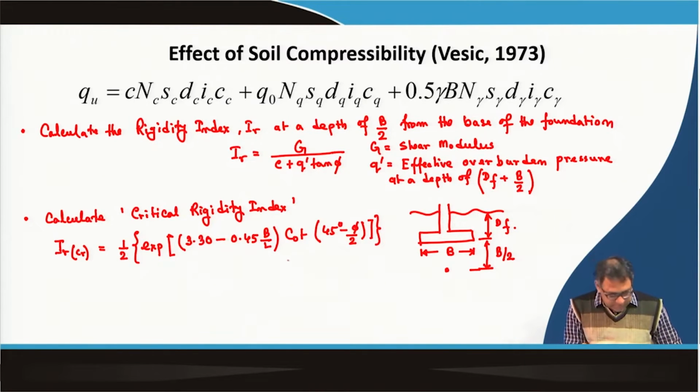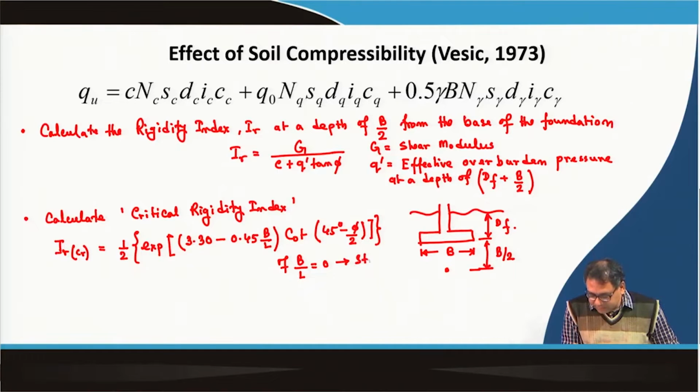Now, in this case, if B by L is equal to 0, that means the length is much larger than B, then it is called a strip footing. This is true for all the cases actually.